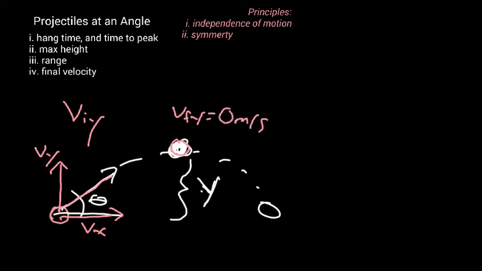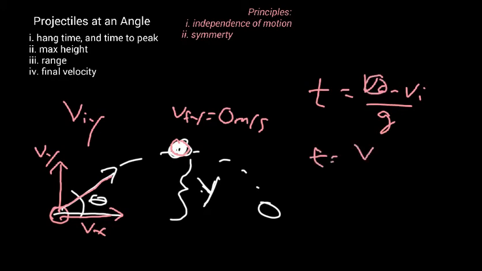So knowing that, we can say that time is equal to the change in velocity, that's our VF minus our VI, over the acceleration due to gravity. And since VF is 0, we'll have time equals our initial velocity, which could possibly be negative, if down is the negative direction, that would be 0 minus this positive number over g, which would be negative 9.8 meters per second, and that would give us a positive time.